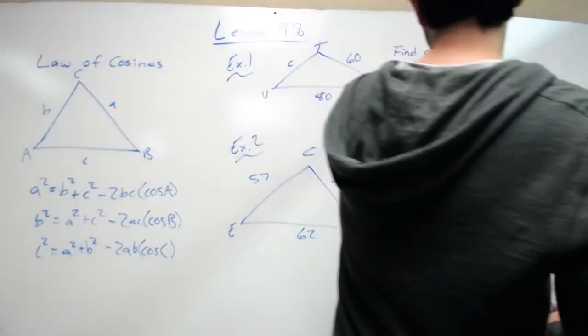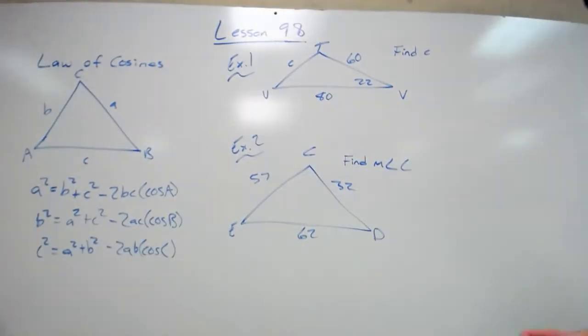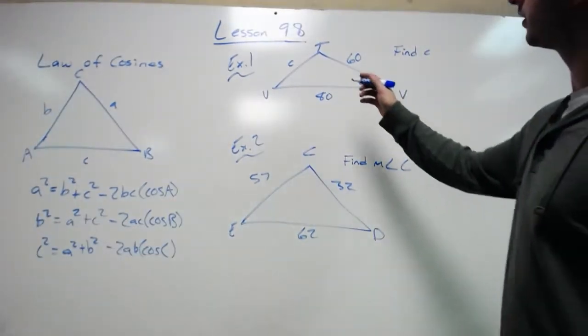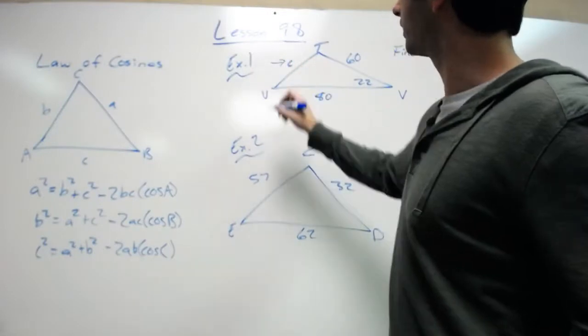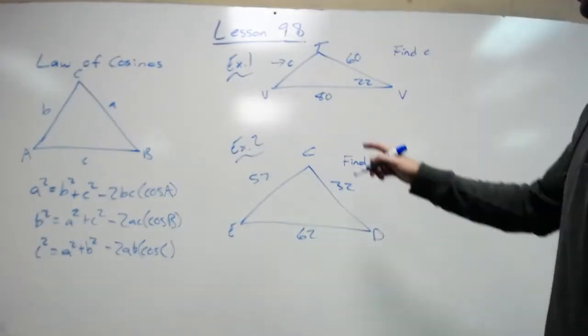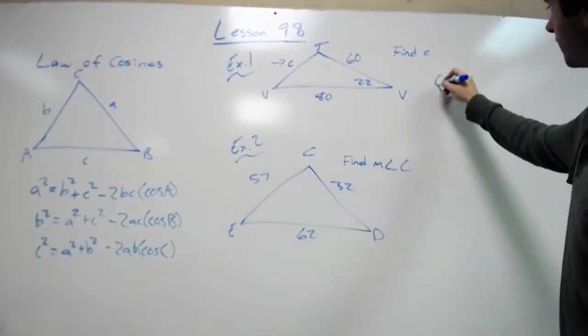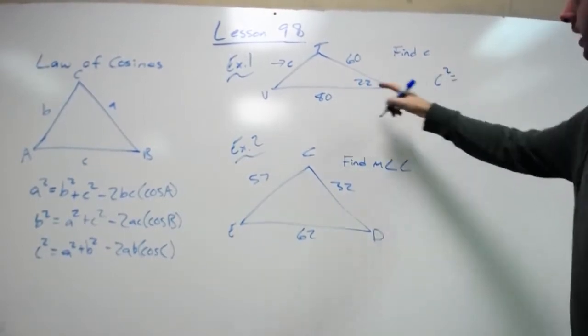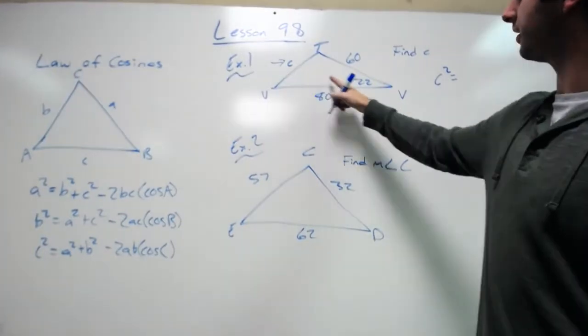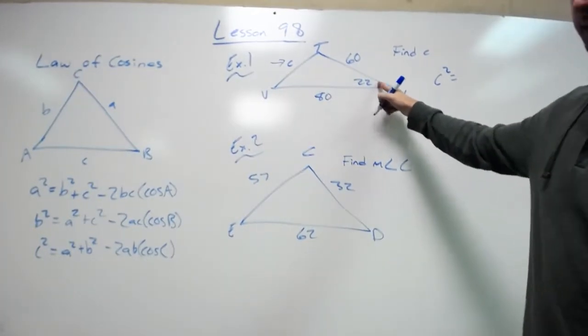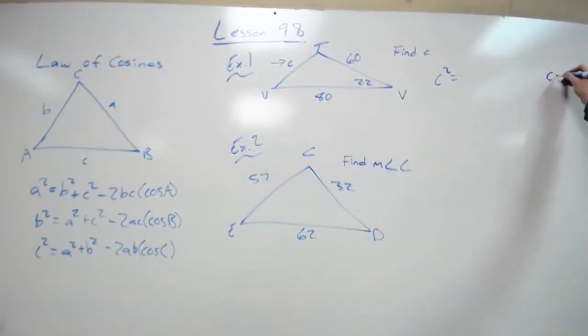It wants us to find c. So to find c, we're going to need the cosine. I'm going to call it c squared, and since I'm looking for this side, I'm going to use this angle. So at the very end here, I'm going to put cosine of 22.